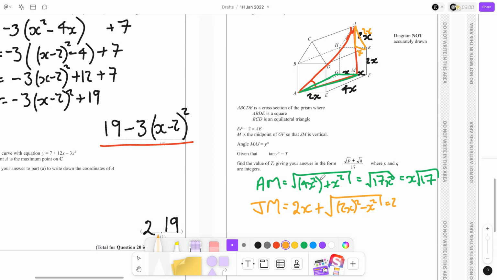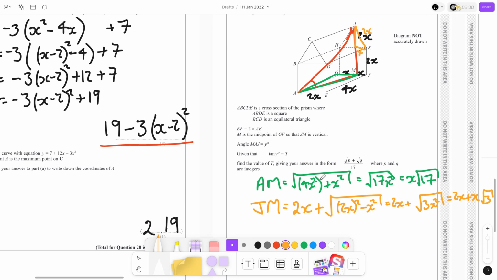So that's 2x plus square root of 4x squared minus x squared, which is 3x squared, which is 2x plus x root 3.